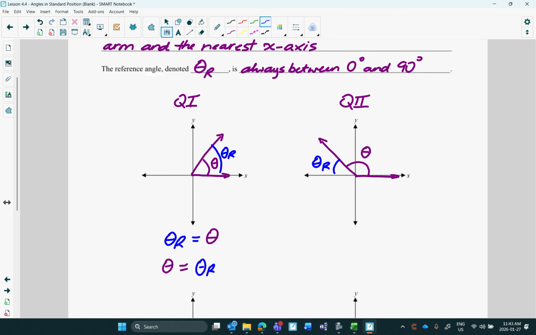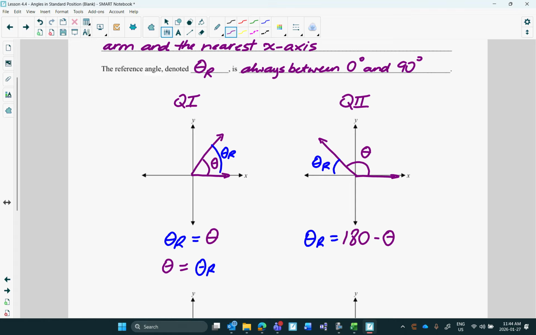Well, what if I said this is 100 degrees? Then you go 180 minus. Exactly. Don't the two add up to 180? Because they add up to half a circle. So if this is 100, this is 180 minus 100. Okay? So to find the reference angle in quadrant 2, we have to do 180 minus whatever we're given.